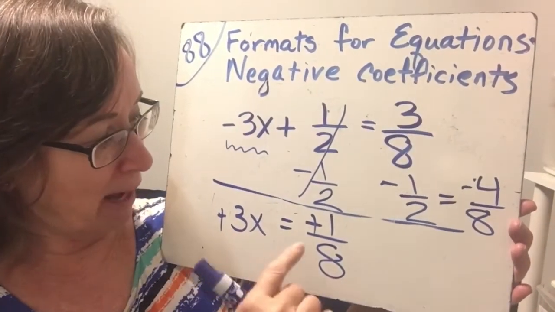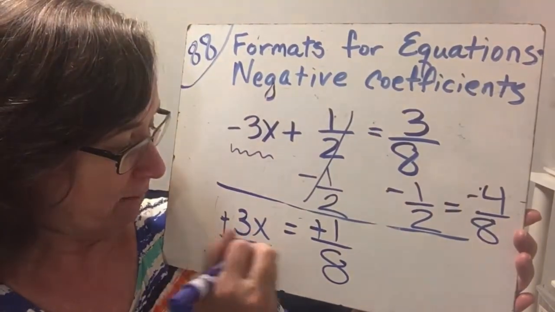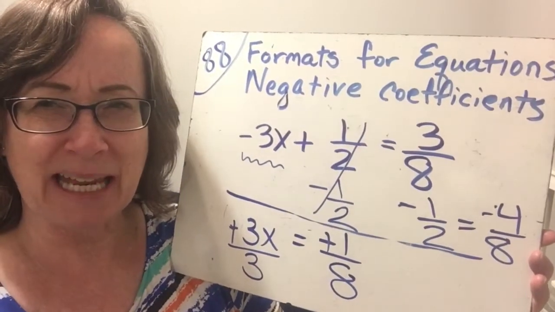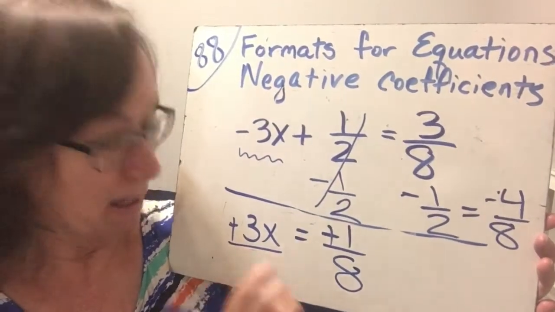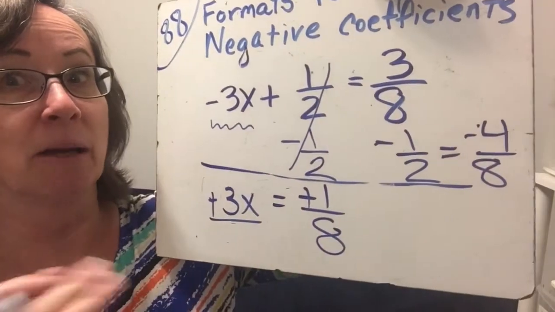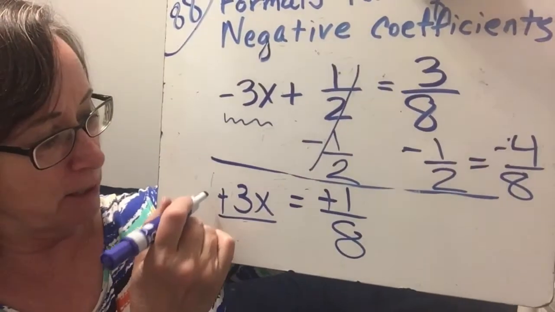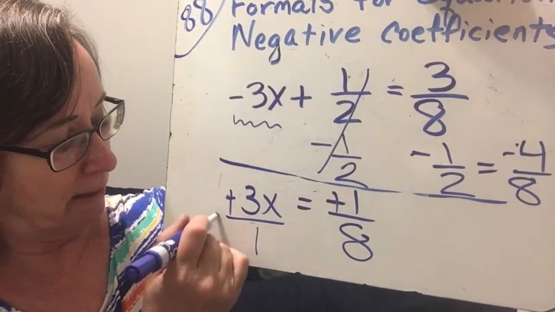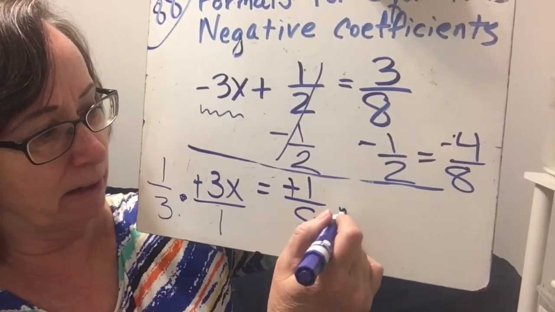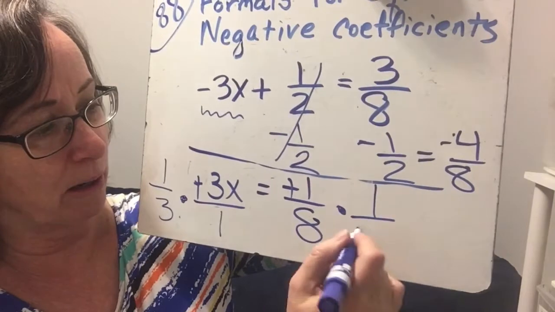And so now I'm going to divide by 3. And dividing by 3 is the same thing as multiplying by 1/3. Since we have fractions, it's usually easier to multiply by 1/3. So here's my 3x over 1. We're going to multiply by 1 over 3. And over here, we're going to multiply by 1 over 3.